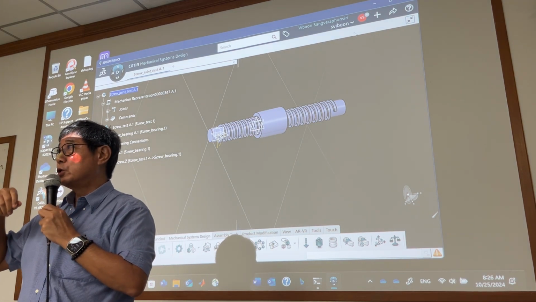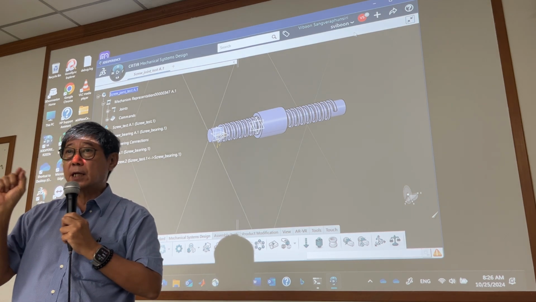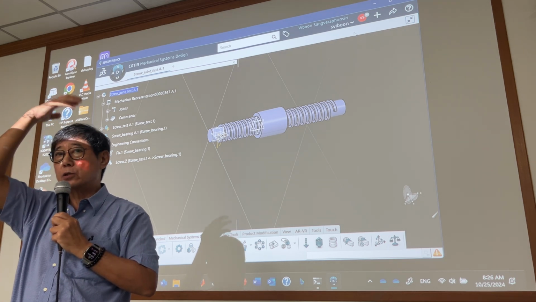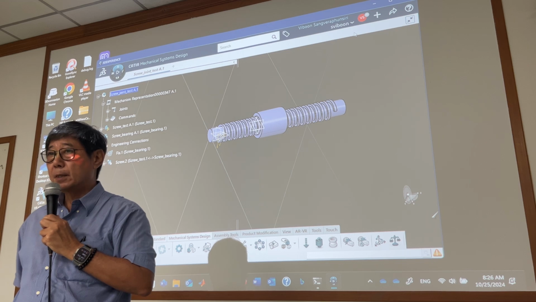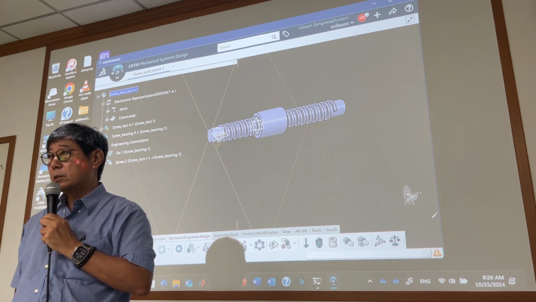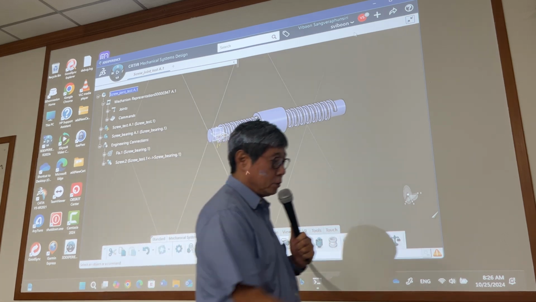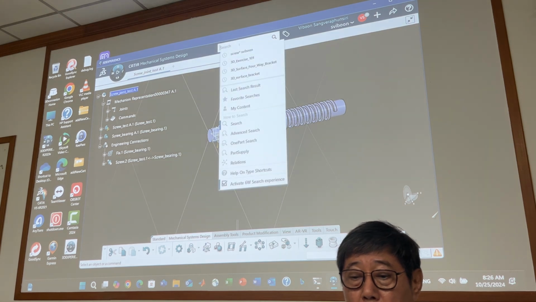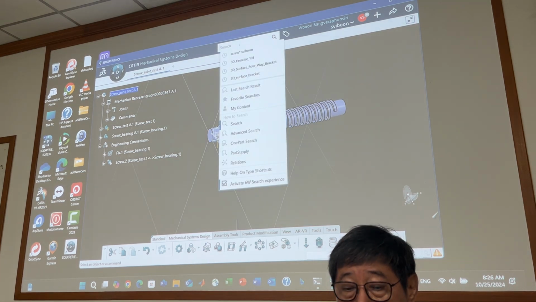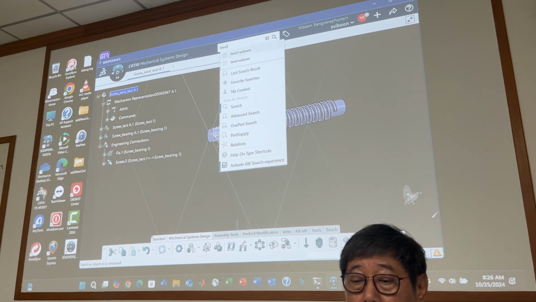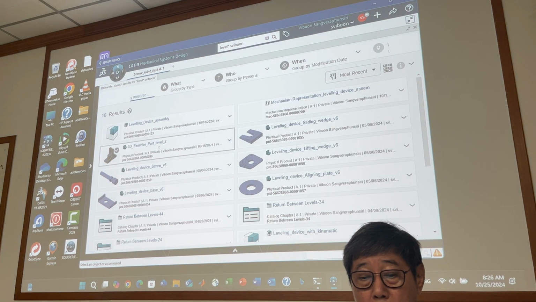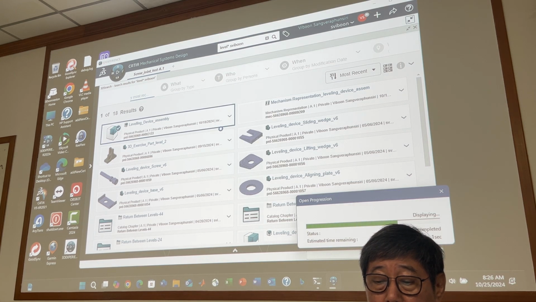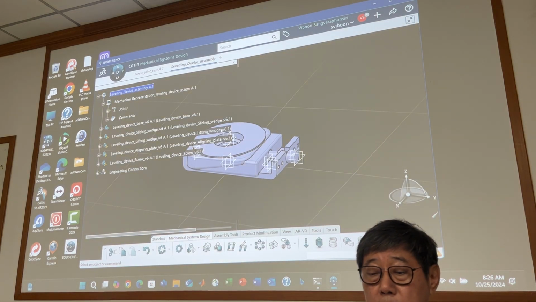When you do simulation you can put in a precise gear ratio, or you may approximate it. For example, this one.